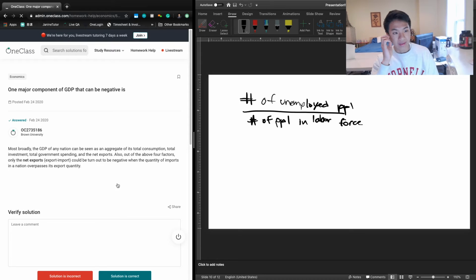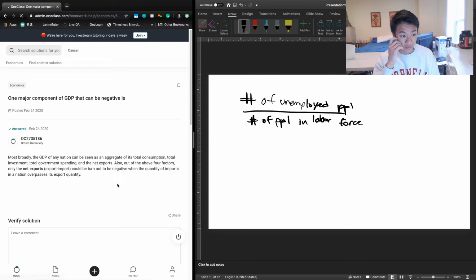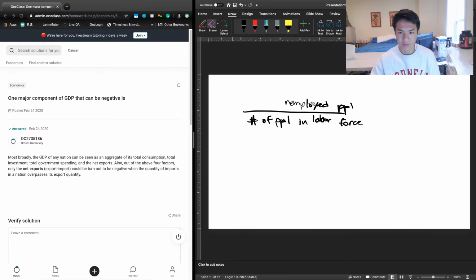So we have the next question that says, one major component of GDP that can be negative is which one of the following? And so we want to go to our GDP equation.